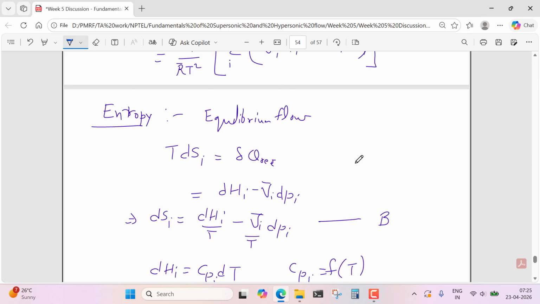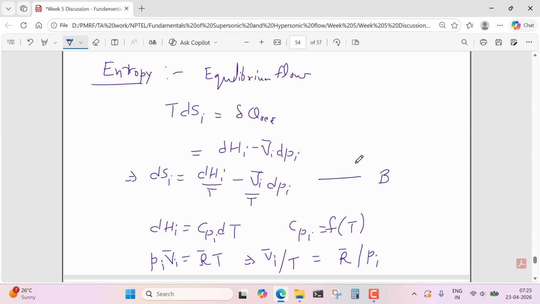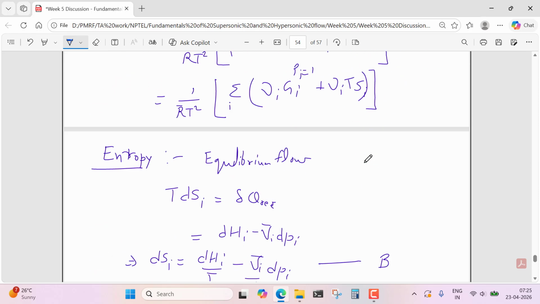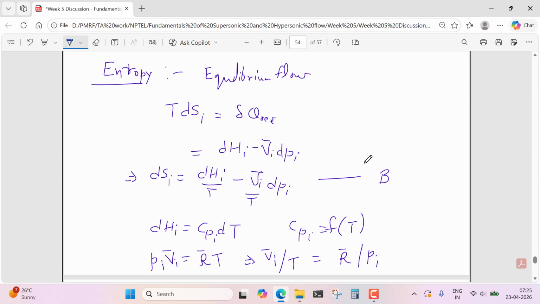Now let's check entropy. For the equilibrium flow, this T dsi equals delta Q reversible, which is equal to dhi minus vi bar dPi. This is the definition. So you can see that dsi equals dhi upon T minus vi bar upon T dPi.